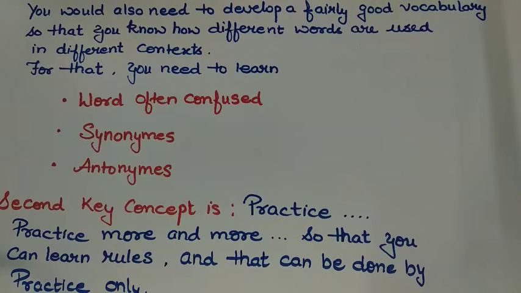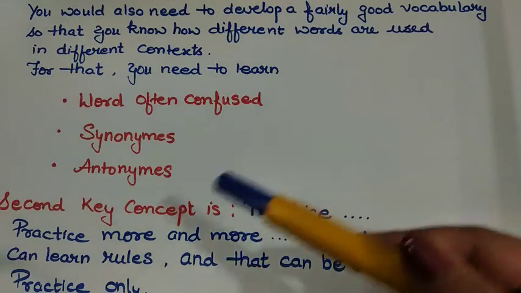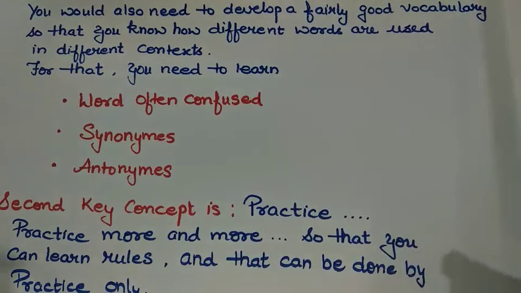For example, there are words like between and among. People generally make the mistake of using between in place of among and among in place of between. So there should be a good knowledge of vocabulary, and for that you need to learn words often confused, synonyms, antonyms, etc.